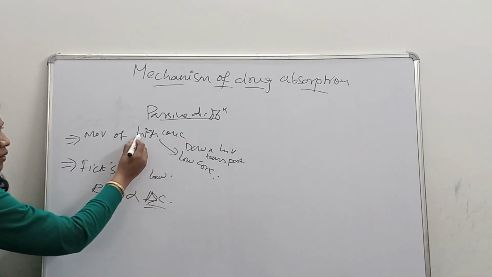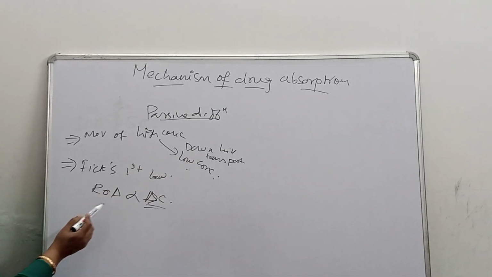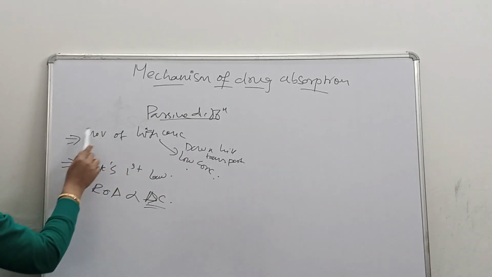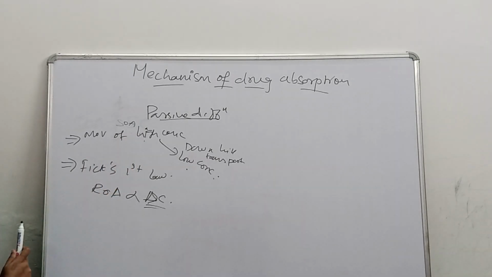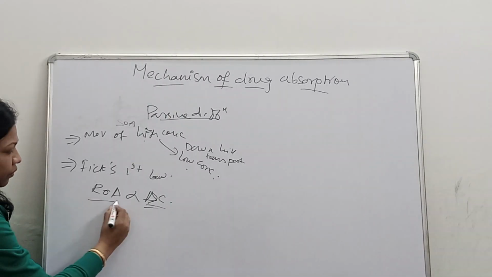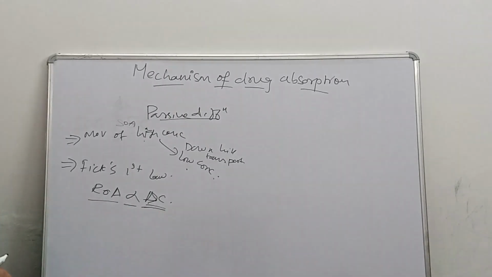That is, there must be difference in concentration. One side, towards the site of administration, the concentration should be higher, and in the systemic circulation the concentration should be lower. So the rate of absorption will be directly proportional to concentration gradient.